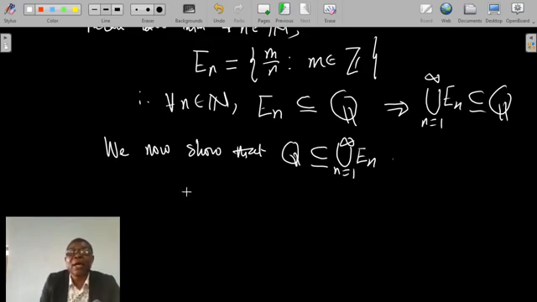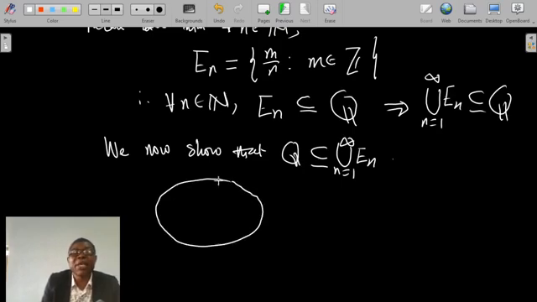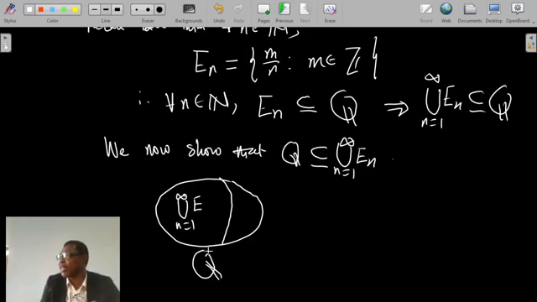it means that if this diagram represents Q, the set of rationals, and this portion is the union n equals 1 to infinity of En being a subset, then if I call the remaining portion T and I'm able to show that this T is empty, it will mean that Q will be equal to this union T, which is this union empty set, and the equality is established.